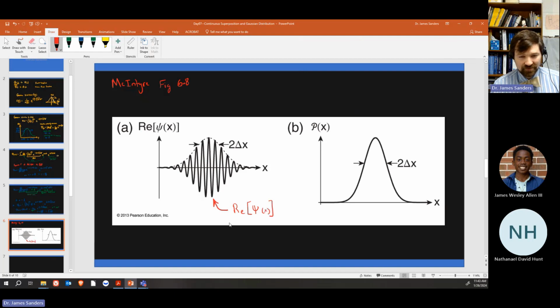Spacing is carrier frequency. We'll call it carrier spacing. This dashed line is the envelope, which is a Gaussian. And then when you go to do your probability, this right here is what that's going to look like.